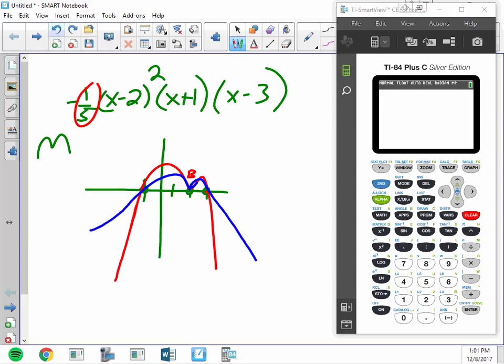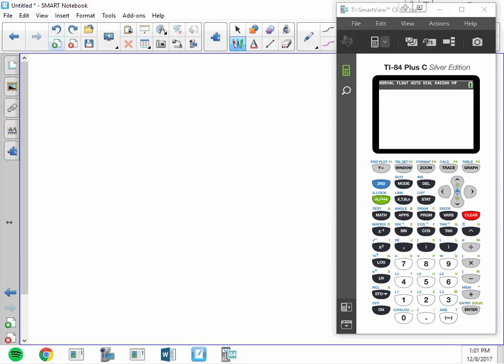Well, you have to look at evens and odds. If the number of roots is odd, then it's going to look something like this for a positive, but a negative would look something like this. Or sorry, let me do it this way. So odd graphs, if it's a plus, then the left side is down and the right side is up.